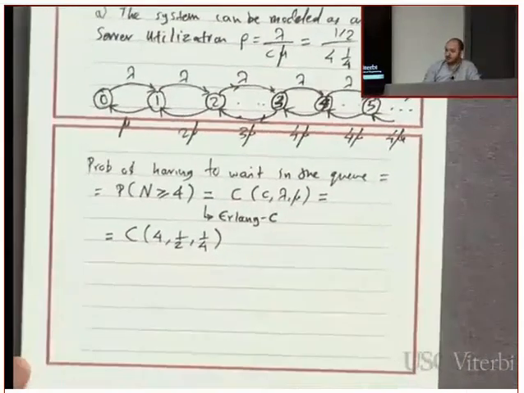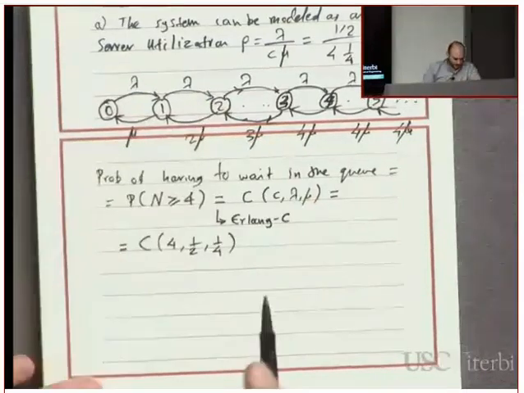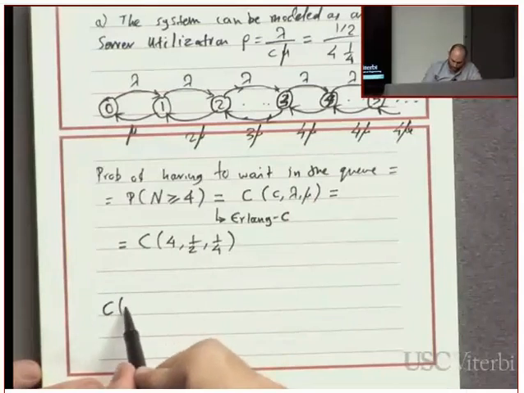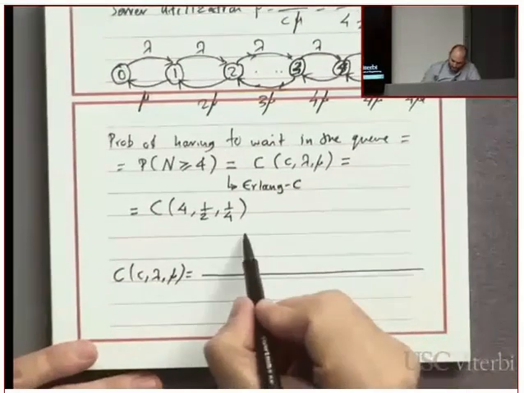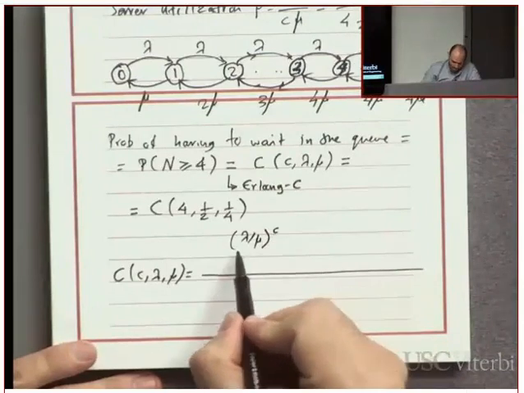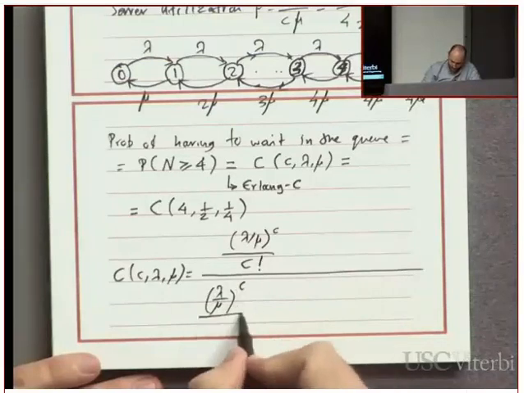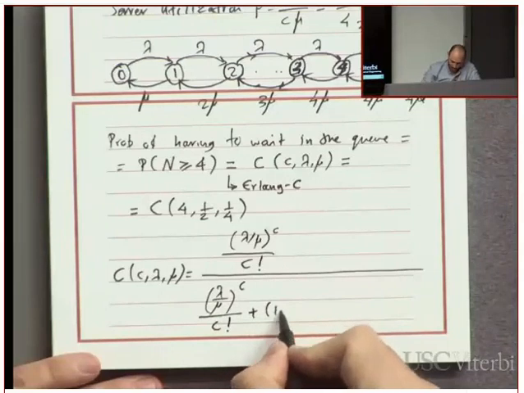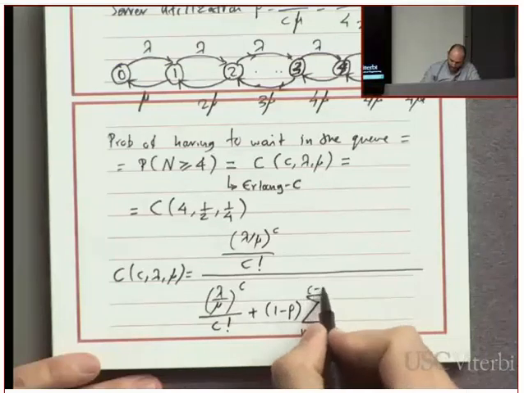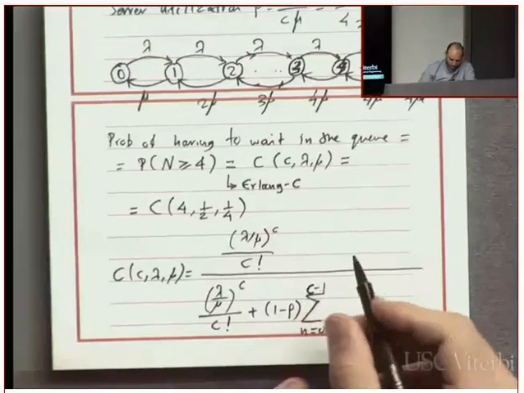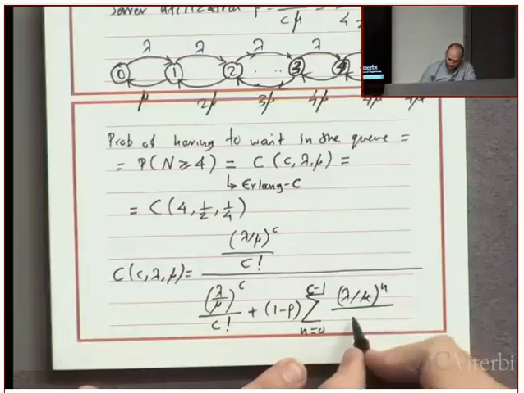Okay, so now we're going to present the formula without proof, because it's going to take a while to derive it. So C(c, lambda/mu) equals (lambda/mu)^c over c factorial, divided by (lambda/mu)^c over c factorial plus (1 minus rho) times the sum from n equals 0 to c minus 1, where c is the number of servers, of (lambda/mu)^n over n factorial.